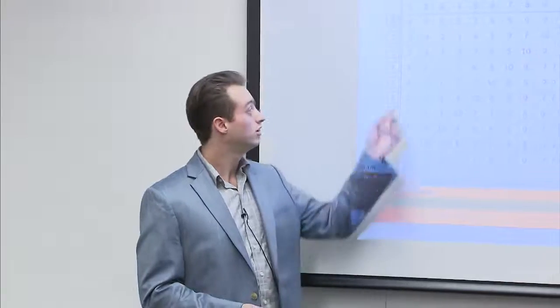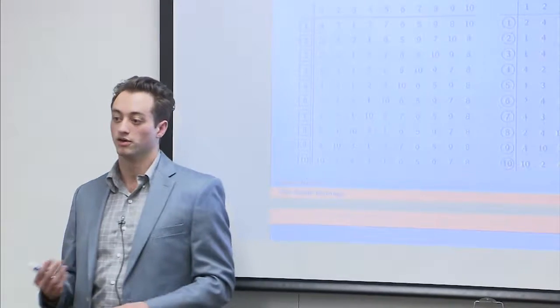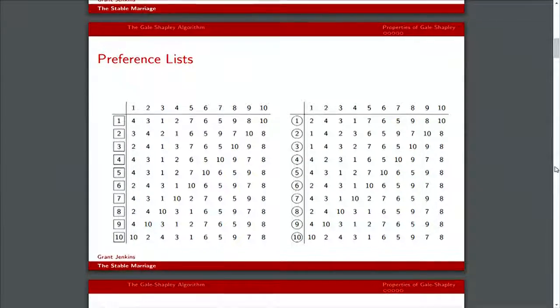What that means is that it's a way that we have created this list, in which every single square over here represents one of our 10 men that we're working with. All of the circles represent one of the individual women. The numbers inside each preference list, so this is the male's list and this is the woman's list, correspond to either an individual woman for the men's list or an individual man for the woman's list.